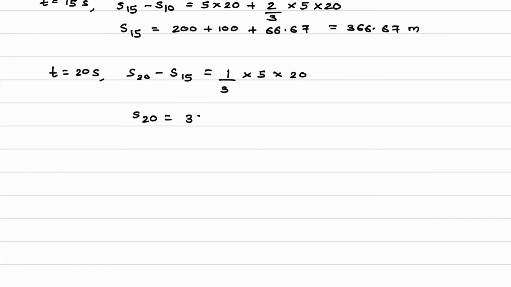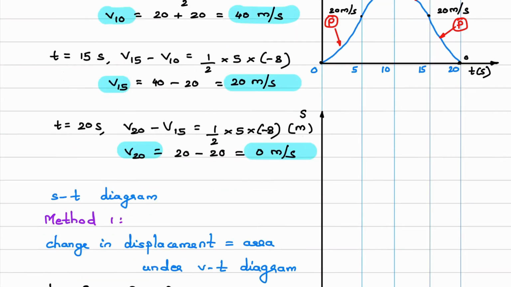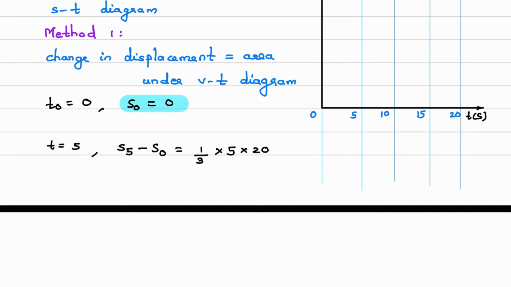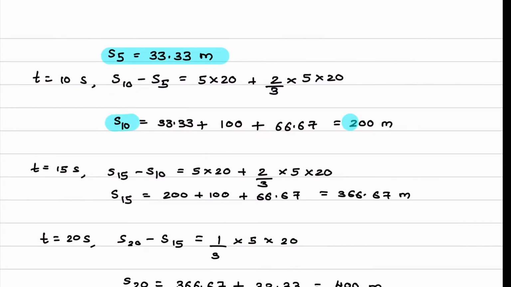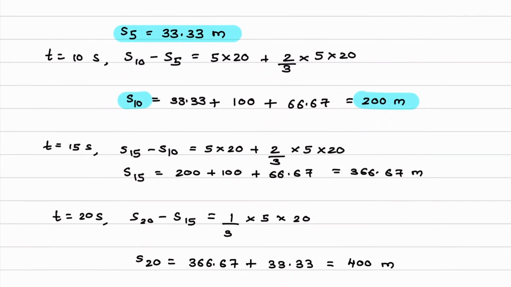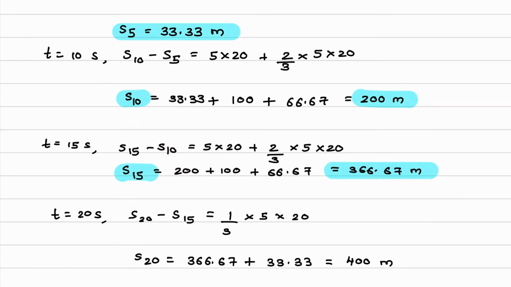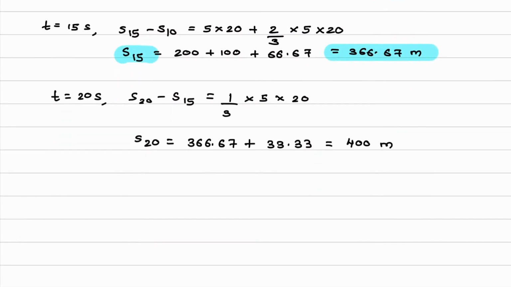So 366.67 plus this value is 33.33. So total is around 400 meter. So we'll highlight all the answers now. Displacement S0 is 0, S5 is 33.33 meter, S10 is 200 meter, S15 is 366.67 meter and S20 is 400 meter.